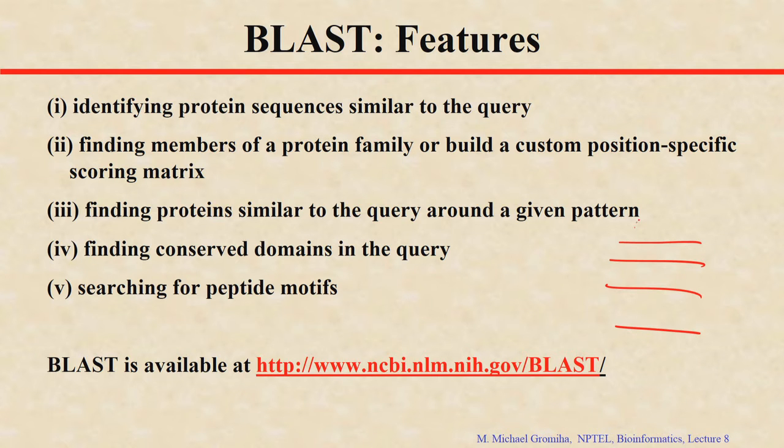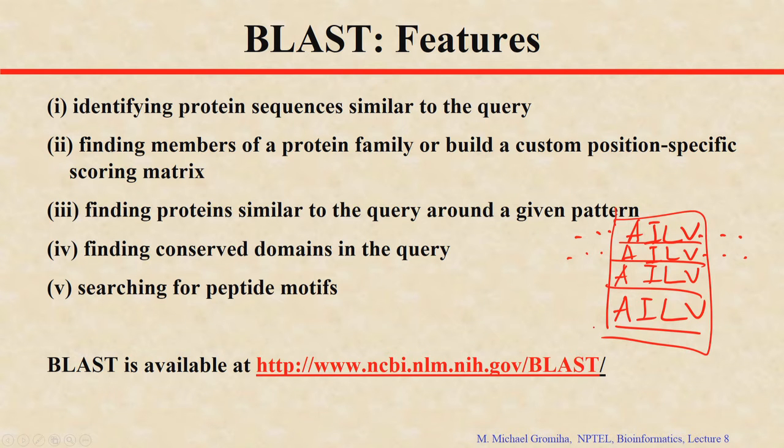For example, if you have several sequences and you have a pattern that is maintained in all the sequences, you see that this pattern is very important for the structure and function. You can see whether there are any patterns for your query sequence with respect to the sequences available in the database. Then also you can search for peptide motifs, whether you have any specific motif in your protein as well as in the proteins available in the database. You can use BLAST to get all this information.